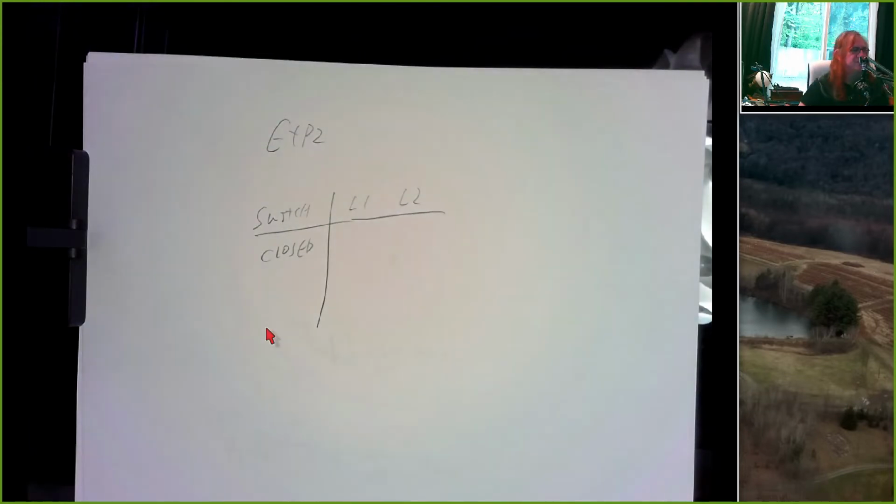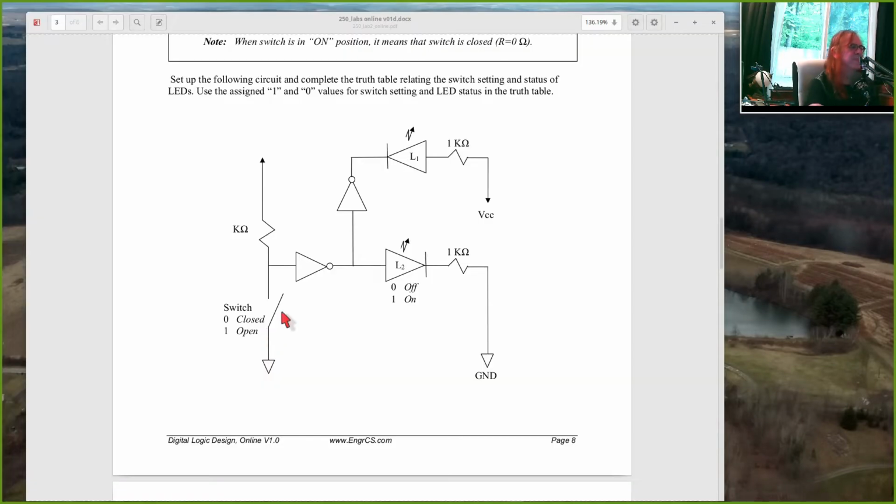So let's start off with the switch being closed, which means this side of the switch and this side are connected together, which means this point right here, this junction, is at 0 volts. This is ground. This is basically a wire. 0 volts going into an inverter. This is 1 volt coming out here at this junction.